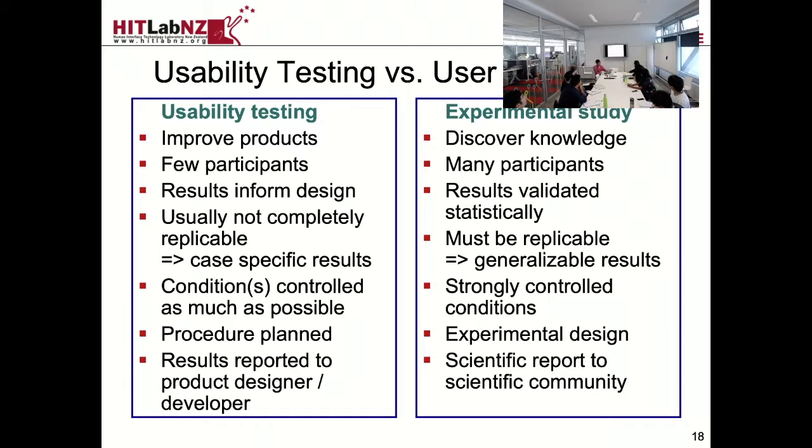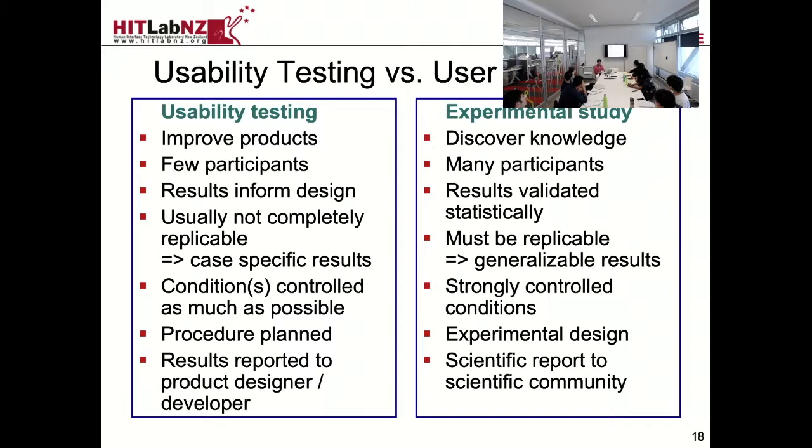On the other hand, when we're doing usability testing, the goal is just improving the product performance. So it doesn't require many participants, and the result has to do with how to design a certain product, and usually it is not completely replicable. So sometimes, depending on the situation, they only focus on this case or this case or this case, so it doesn't matter.